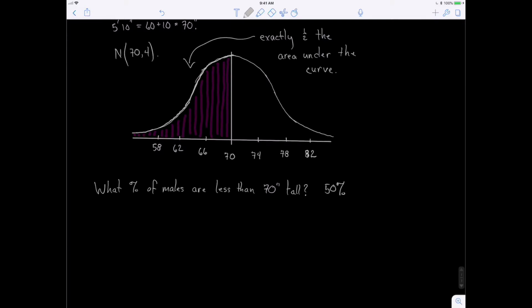Okay, let's try another one. How about this? What percent of males are above 6 feet 2 inches tall? This is a good question.